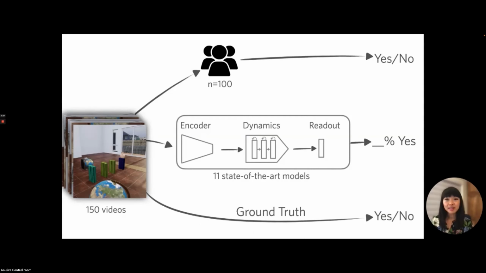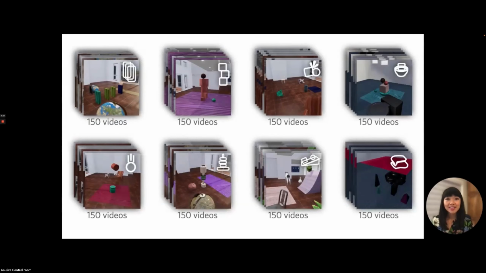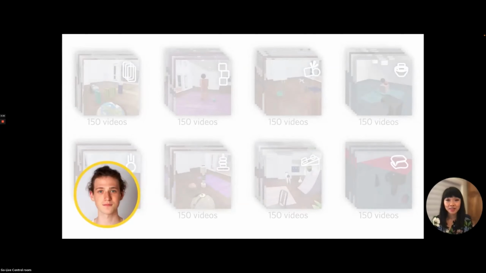And because these scenarios were procedurally generated in 3D World, these predictions could then directly be compared to the ground truth future states of the scene, allowing us to compute objective measures of performance for both human and machine agents. We collected these predictions in parallel for all 8 scenarios in our data set. And to be clear, this was a Herculean effort for our team. And these human experiments were led by Felix Binder.